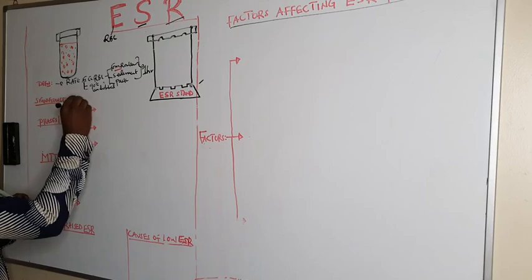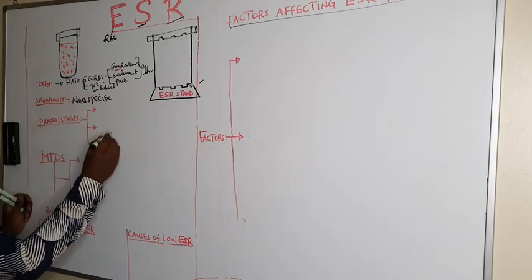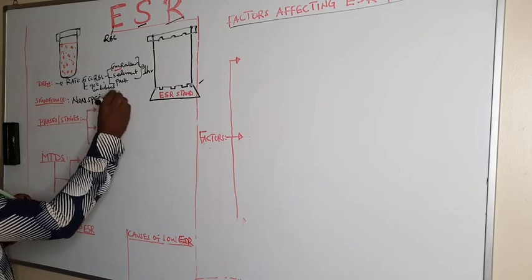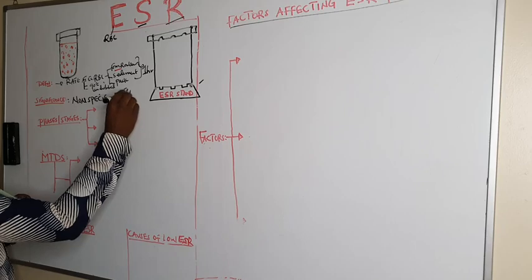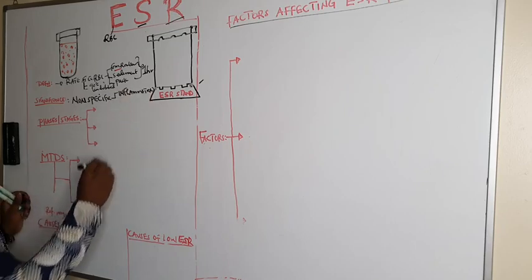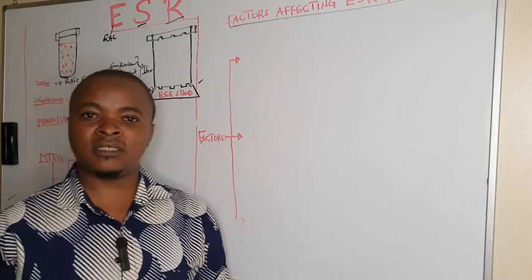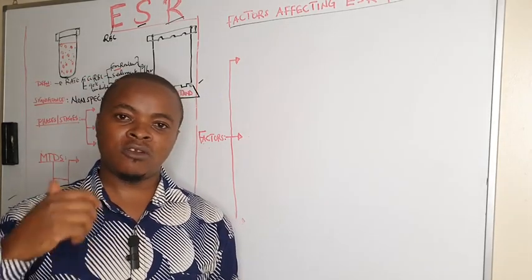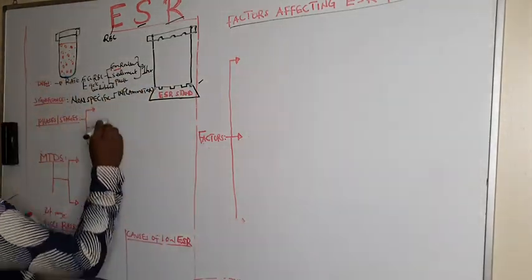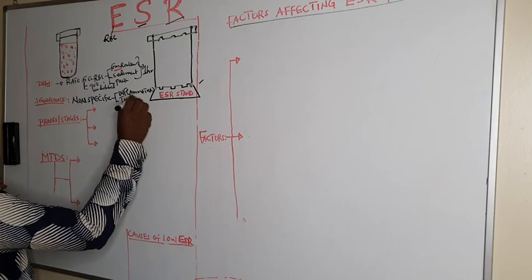First of all, it is non-specific. This test is non-specific, and it is used throughout inflammatory conditions, any inflammation. So when the doctors request that you as a lab person do ESR, know that they're interested in ruling out inflammation or even tissue injury, if there is any.